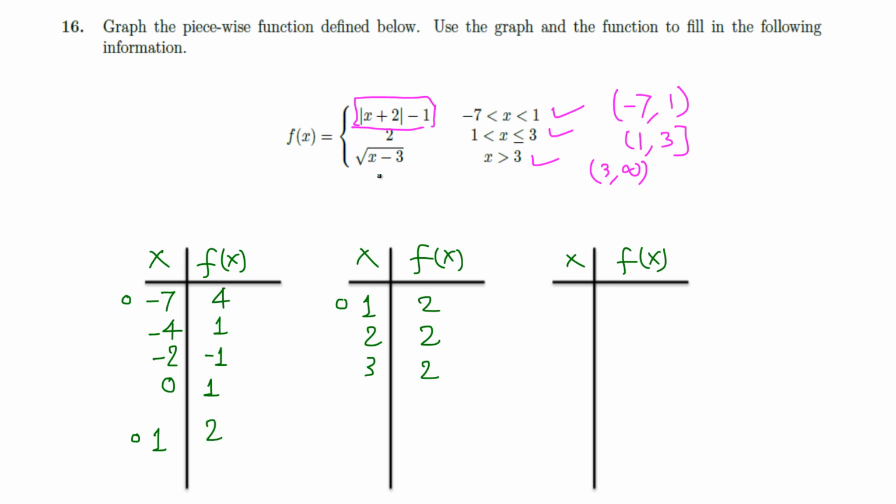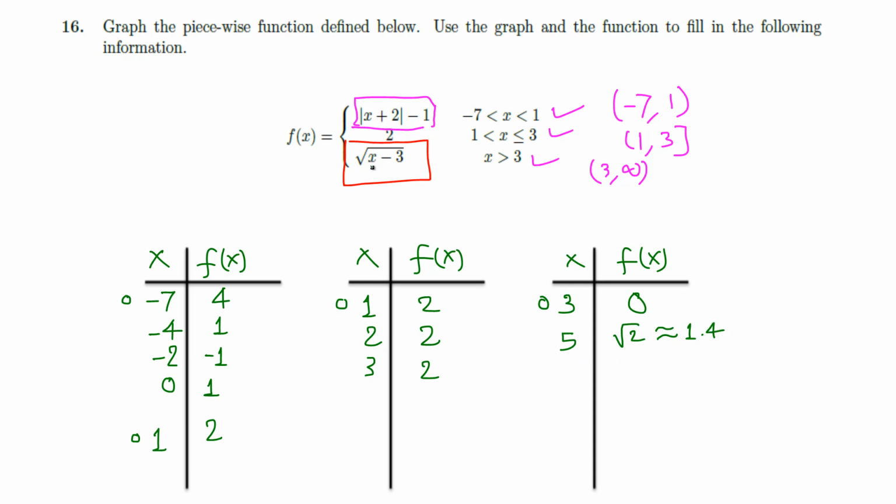In the same way, the third piece is 3 through all the way. 3 is not included, but I'm going to plug in anyways. At 3, 3 minus 3 is 0, square root of 0 is 0. Let's plug in a couple more, maybe 5: 5 minus 3 is 2, square root of 2 is about 1.4.